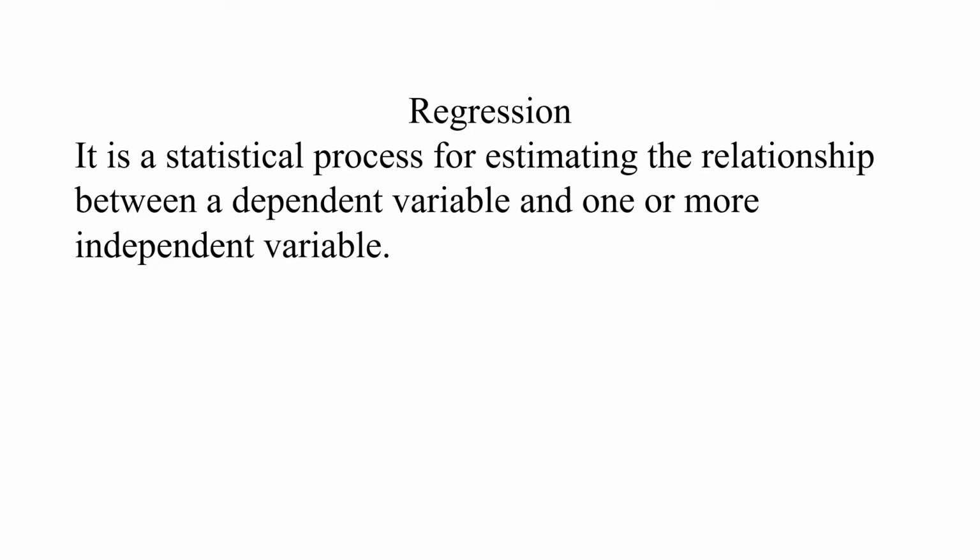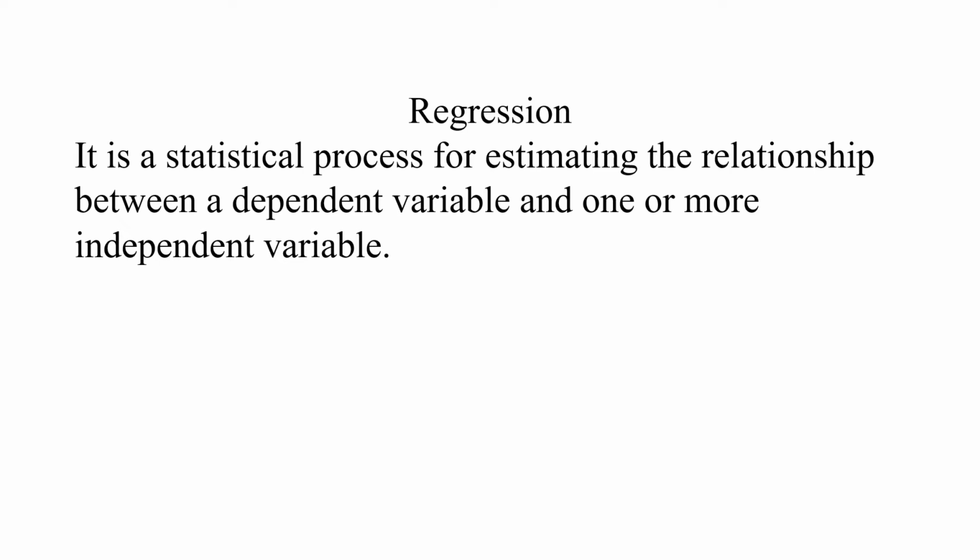Between a dependent variable or the predicted variable and the predictor variable. It can also be called the regressor and regressand, where your dependent variable is your regressand and your independent variable is your regressor. In this module, I will be talking more in detail about linear regression.